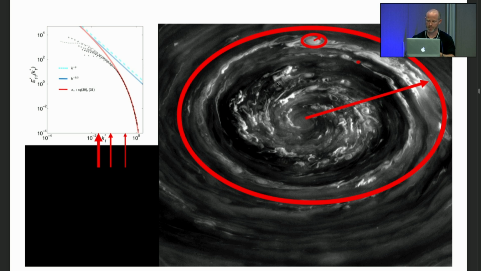When you get to really small radius or high wave number, you get viscous effects starting to dominate, and you go away from the inertial scaling. This red line here is the solution to the turbulence problem that I solved. The data is real turbulence data for the longitudinal energy.